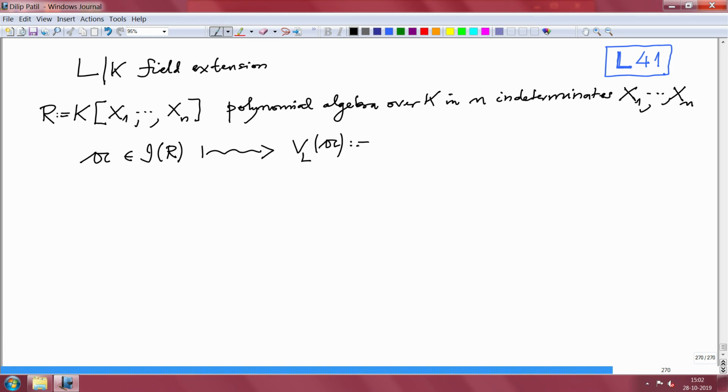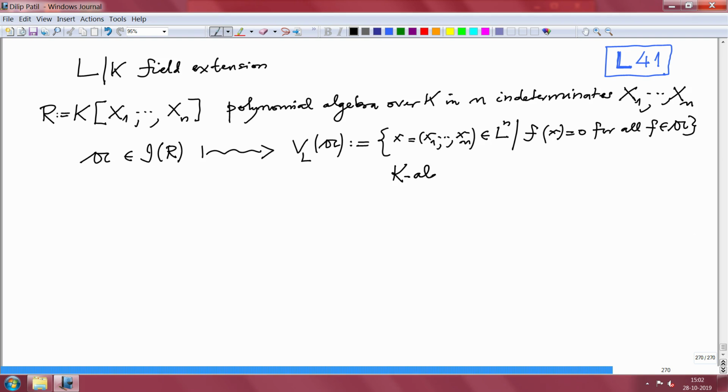This is by definition all those tuples x = (x1, ..., xn) in L^n such that f(x) is 0 for all f in the ideal A. And this we have called a K-algebraic subset, of course in L^n.